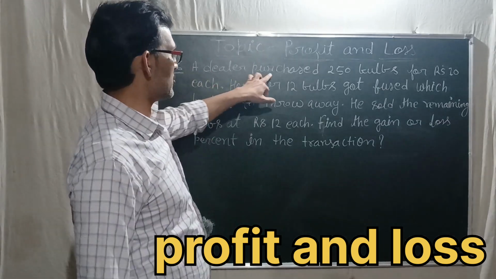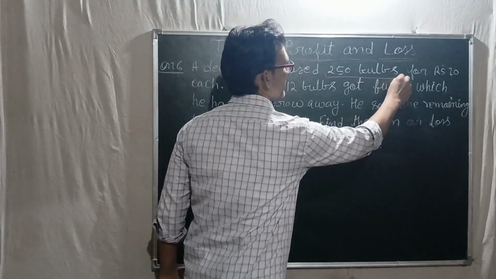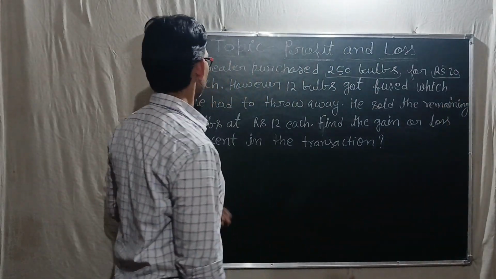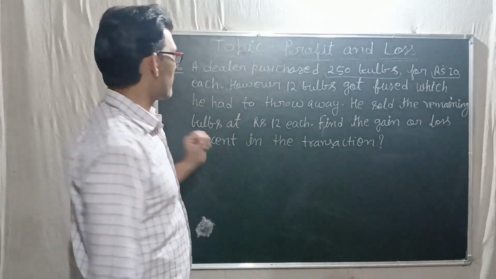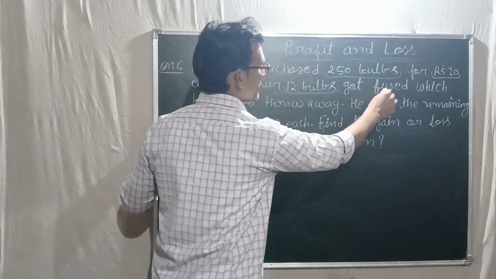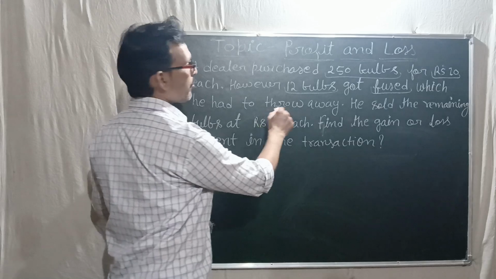A dealer purchased 250 bulbs for rupees 10 each. The cost of one is rupees 10. However, 12 bulbs got fused, which he had to throw away.